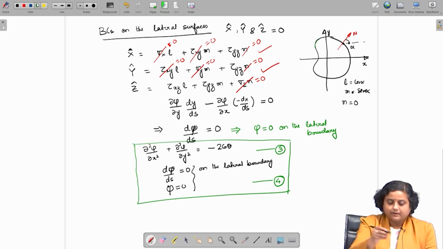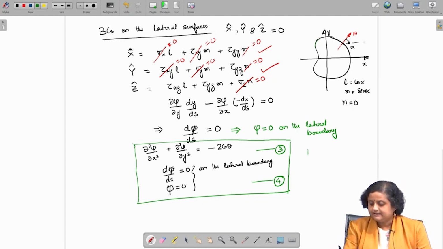So, we can summarize this by saying that we need to find a stress function, which is Prandtl stress function, which satisfies this criteria.